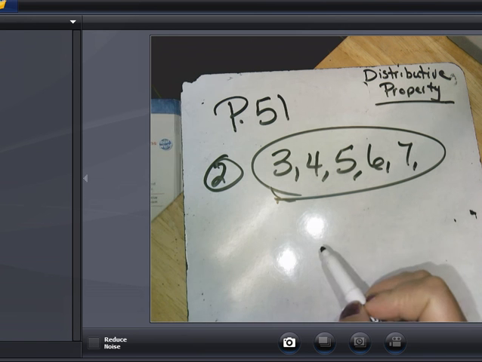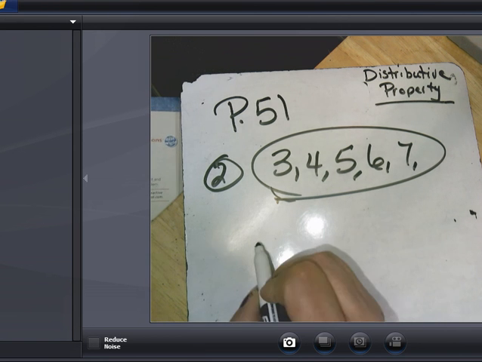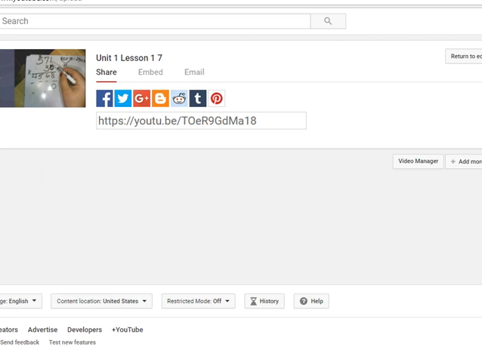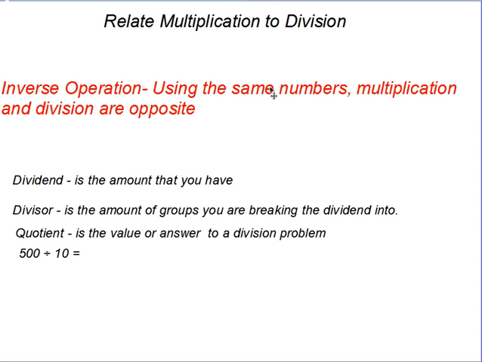Then, once you have those done, I would like you to go back to your journal. I would like you to put in the inverse operation, find it, and do a quick inverse operation sample. So I would do 4 times 8 equals 24.